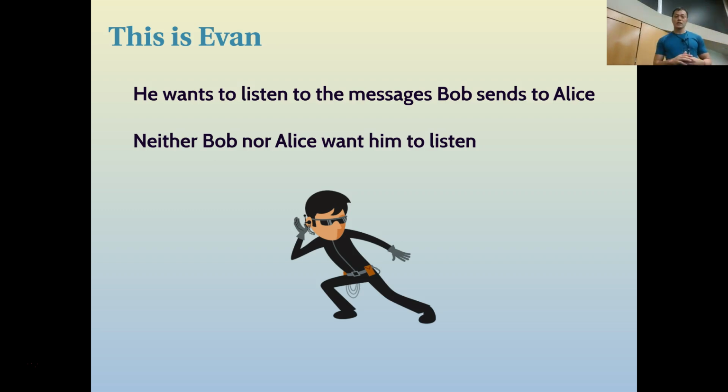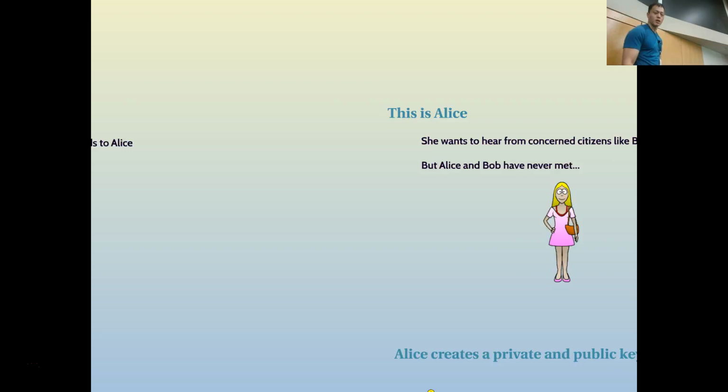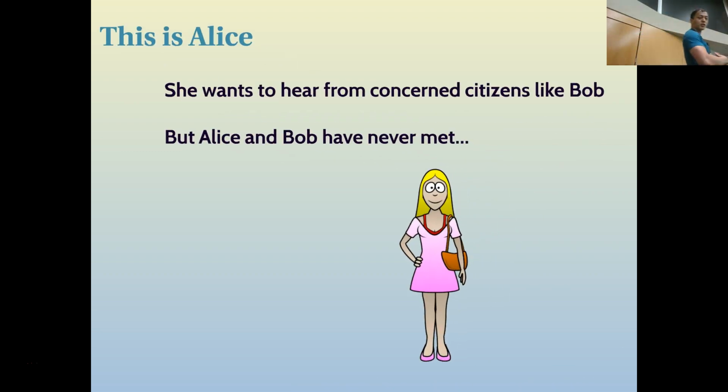Evan wants to listen in and eavesdrop so that he can see what is being sent. But neither Bob or Alice want him to listen. Alice is the mayor, and she wants to hear from concerned citizens like Bob. But the problem is that Alice has never met Bob, doesn't know who Bob is, but wants to communicate securely with Bob. How can this happen?